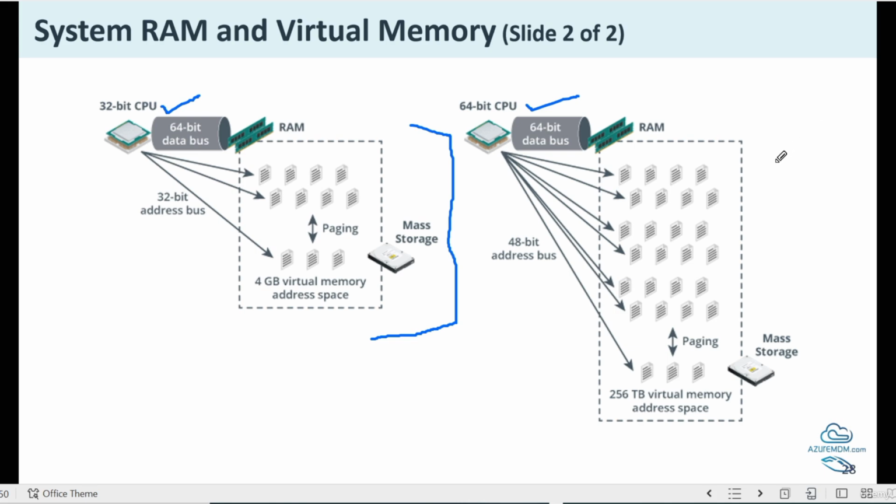It also has a 64-bit data bus for efficient data transfer. It handles vastly more RAM and virtual memory, improving performance for modern apps. In short, 64-bit CPUs outperform 32-bit ones by supporting more memory and faster data processing.